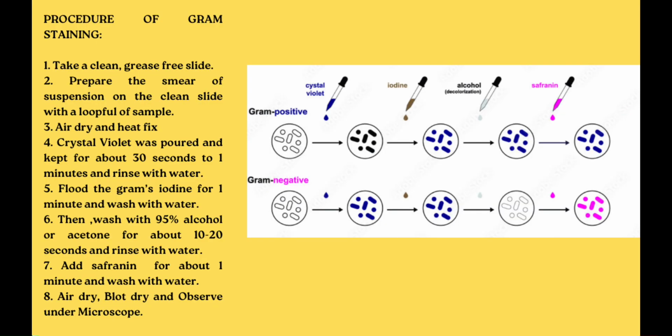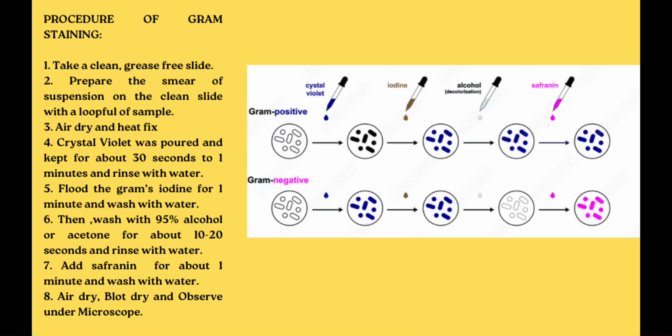Procedure of gram staining. Take a clean grease-free slide. Prepare the smear of suspension on the clean slide with a loopful of sample. Air dry and heat fix. Crystal violet is poured and kept for about 30 seconds to 1 minute and rinsed with water.